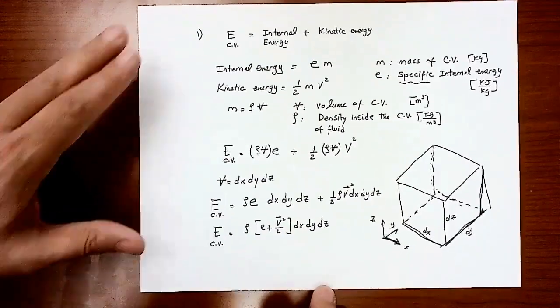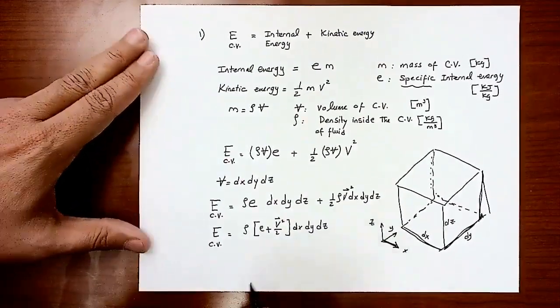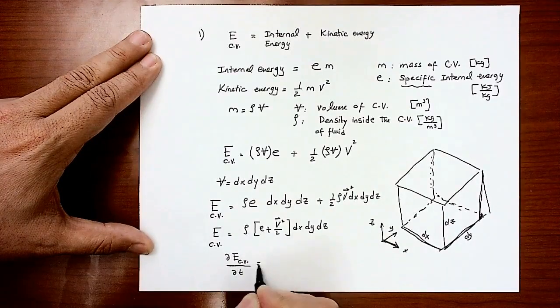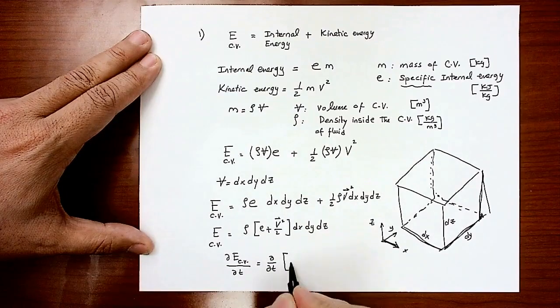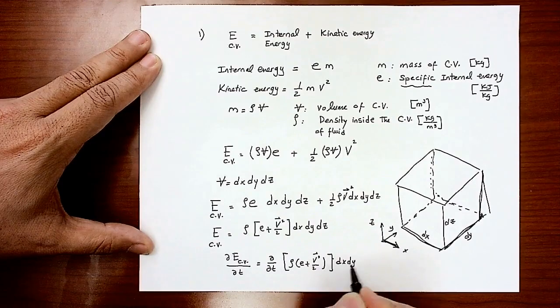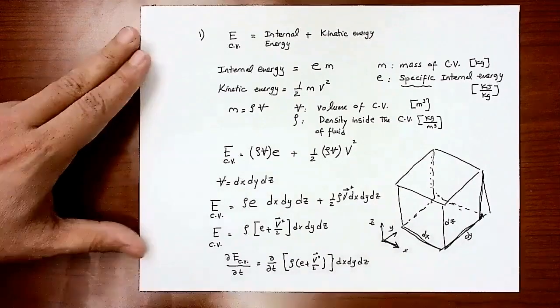So now if I want to get the variation relative to time, so partial E of that control volume by partial time t will be the derivative relative to time of that rho times E plus v squared divided by 2, times dx, dy, dz, right?